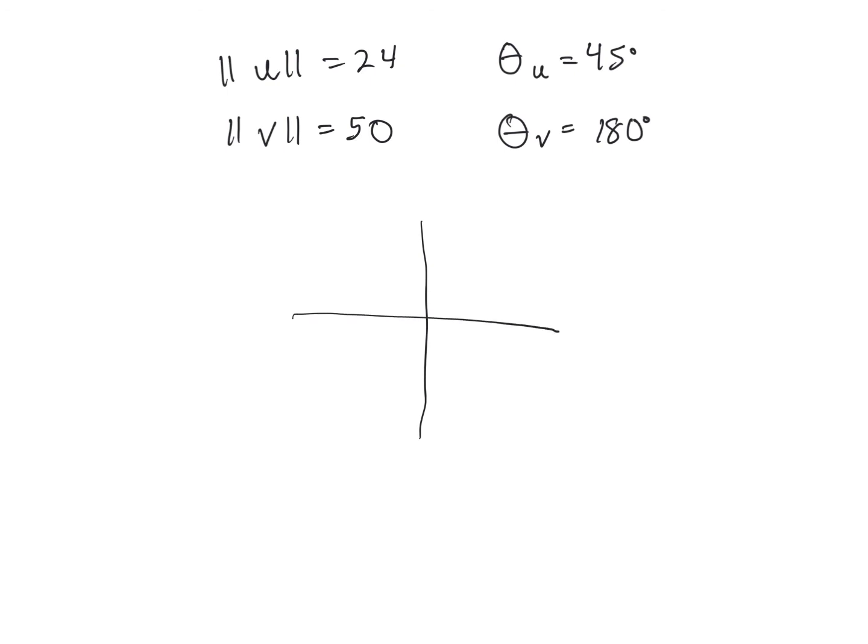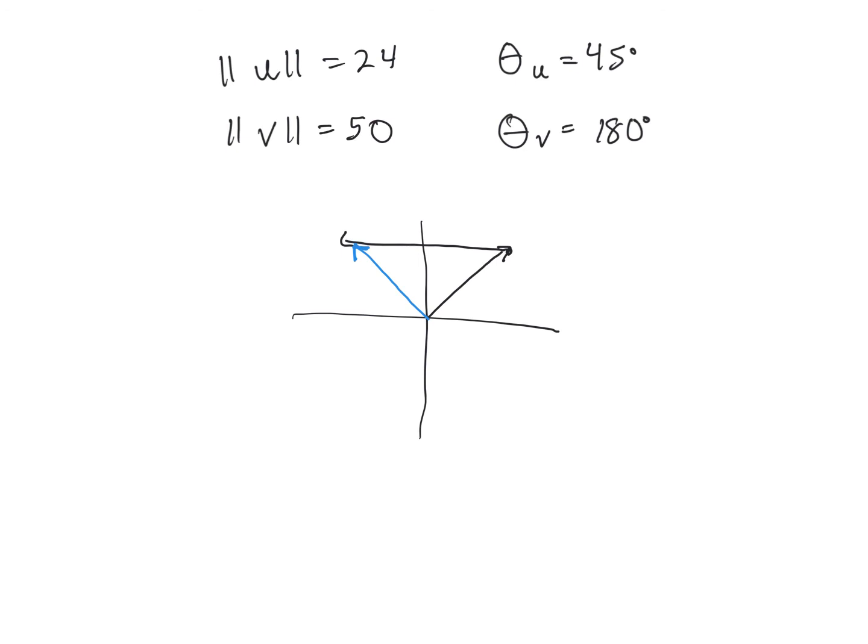We start with u at 45 with magnitude 24, and then from this point we go 180, this way, with magnitude 50. So I know my answer is going to be somewhere here. The combined two forces will push you in that particular direction.